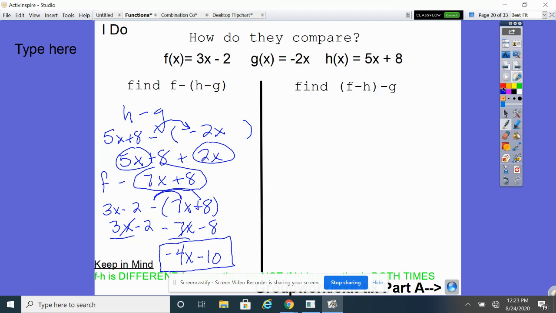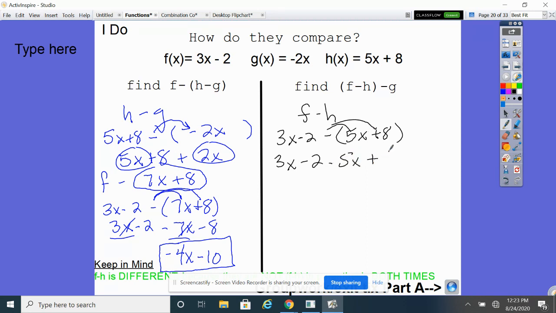All right, we're going to do that one more time, but we're going to slide the parentheses over. This time, f and h will be in parentheses. We're going to start with that. What was f? F was 3x minus 2 minus, because of the minus sign, we need some parentheses, 5x plus 8. That leaves me 3x minus 2. Send this in to change the symbols.